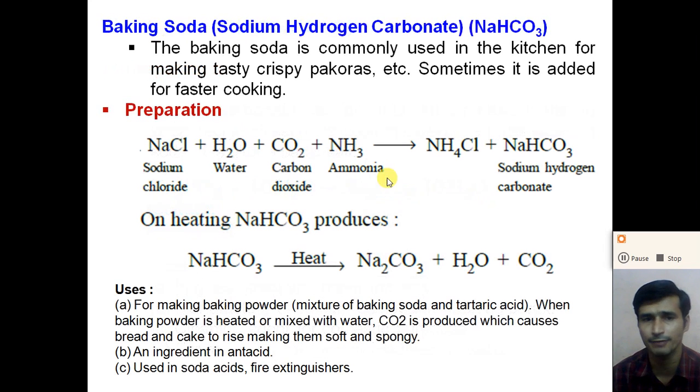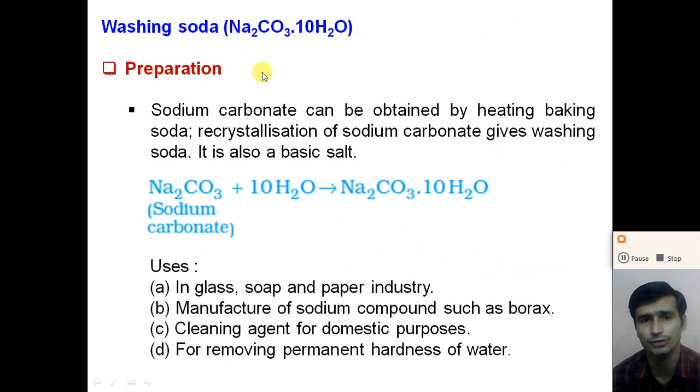In the previous slide we discussed that when NaHCO3, sodium hydrogen carbonate, baking soda, is heated, we get sodium carbonate Na2CO3, H2O and CO2. With recrystallization, this sodium carbonate gives washing soda.